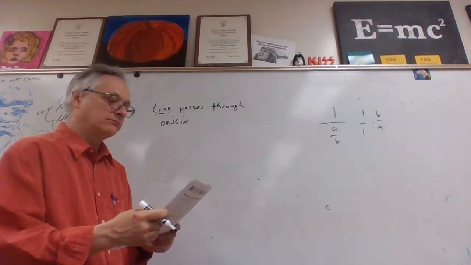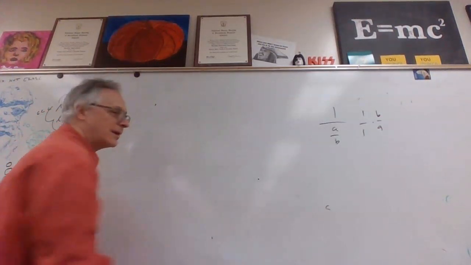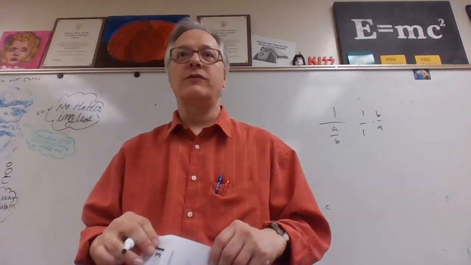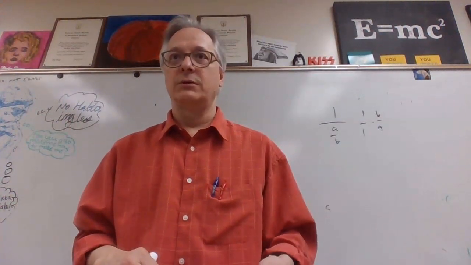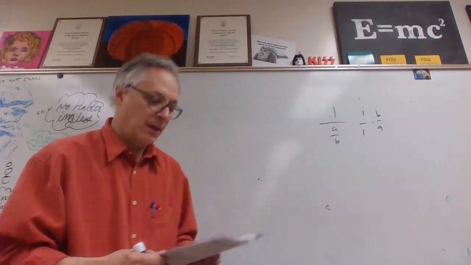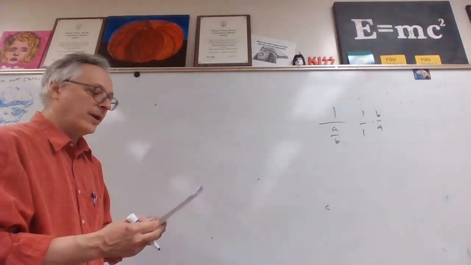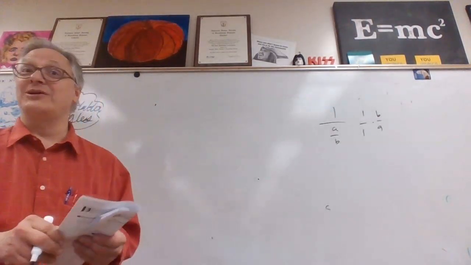Okay, number 11. So anyway, my point in that last one is look for words like passes through the origin, and then you get some information about your y-intercept. Okay, in the equation above, this is a great question.